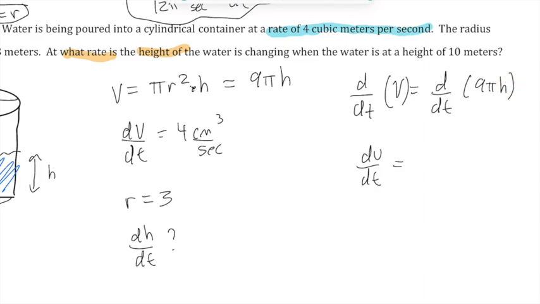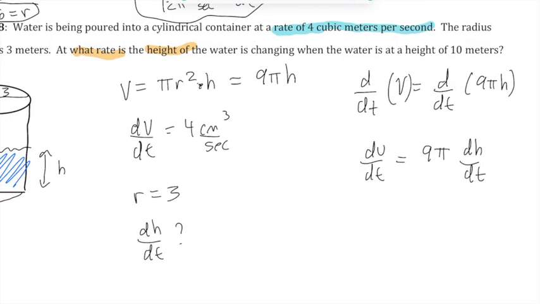Pi is not a variable. So this is going to be 9 pi, and then since I took a derivative of h, that's dh/dt. And yeah, so just plug in what you know. We know that that's 4, and we're trying to find the other one.